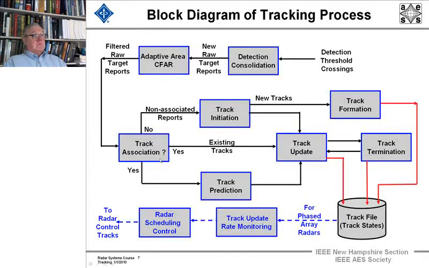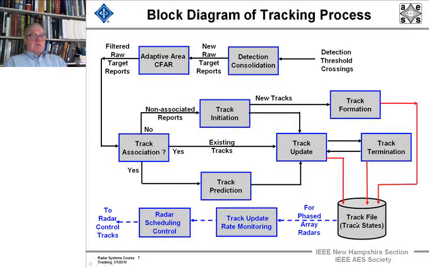If we don't associate that raw target report with an existing track, non-associated reports will go into track initiation. And I'm going to explain how we do that. And then they would go into a track formation algorithm and then go into the track file, which has the state vectors of all the tracks in file and the predicted positions ahead.